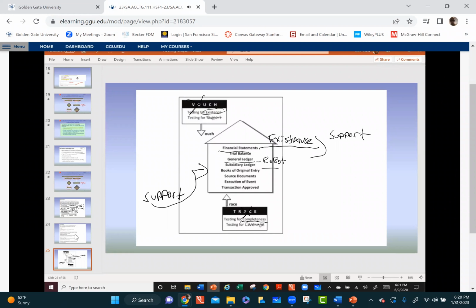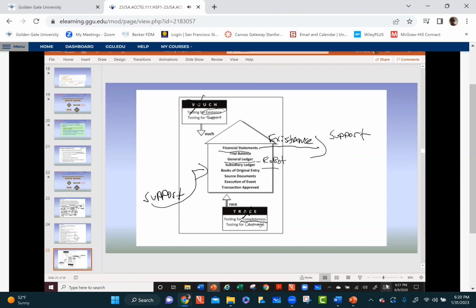Okay, so we are going to look at procedures as they relate to accounts. But at the end of the day, we're going to be really understanding financial statement assertions.